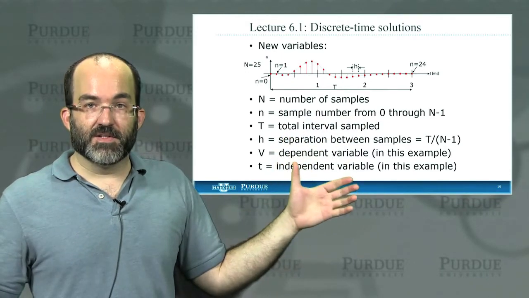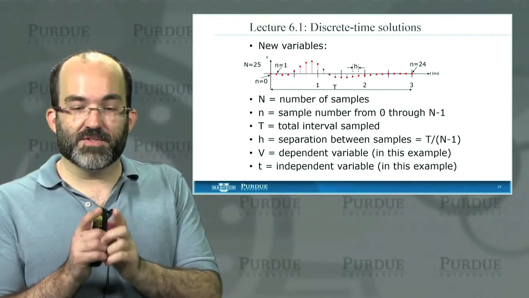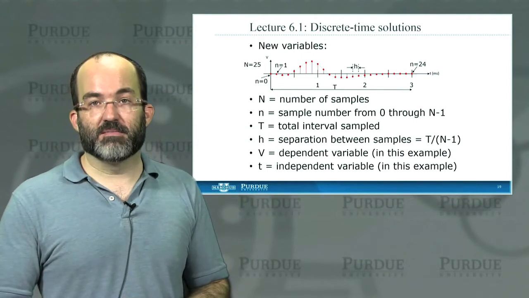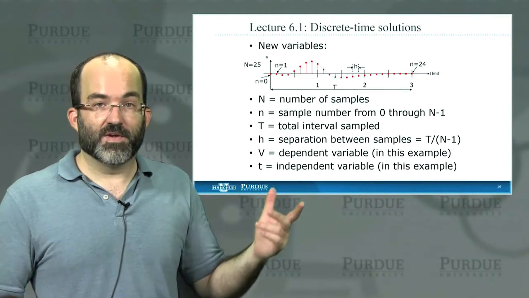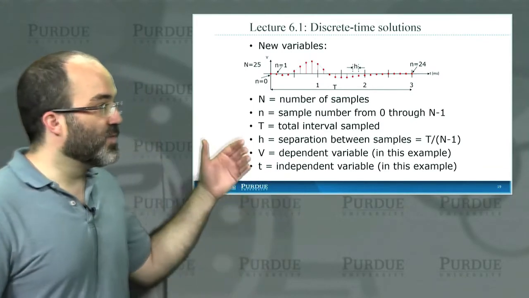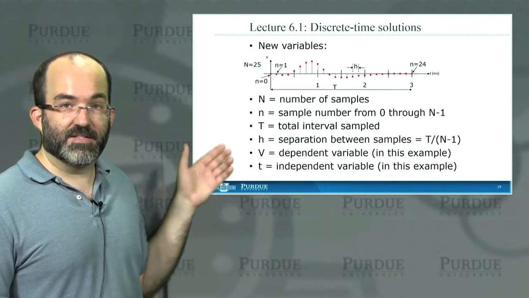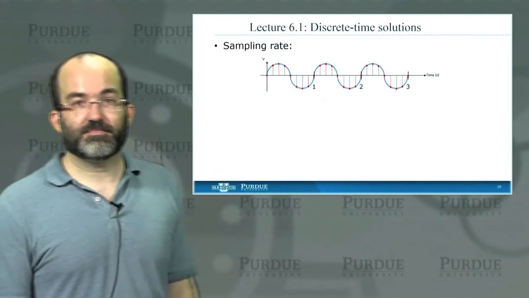Over the total interval, capital T, that means that the space between samples, h, is going to be equal to capital T divided by capital N minus 1. And that'll be the distance between the samples. 1 over little h will be the sampling frequency. And in this case, we're looking at solving the voltage, V, that's our dependent variable, as a function of the time t, which is our independent variable.